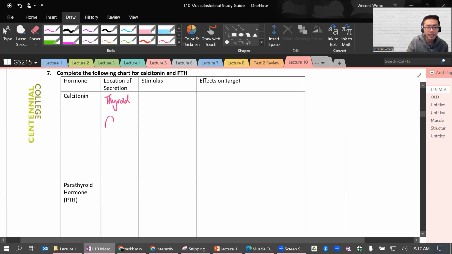And the thyroid gland is this one, right? Looks like a little butterfly. And the stimulus, when do you need calcitonin? You need calcitonin when there is an increase in blood calcium level. And maybe you have been taking calcium supplements, okay?